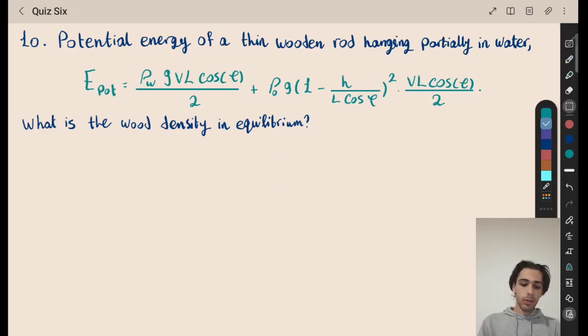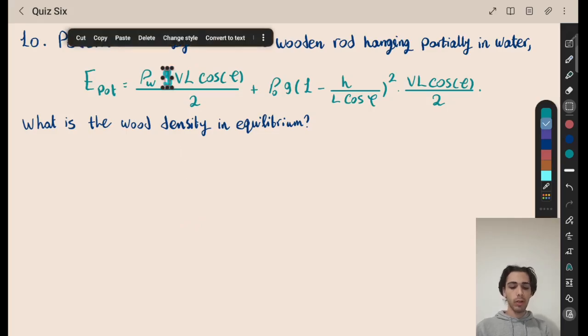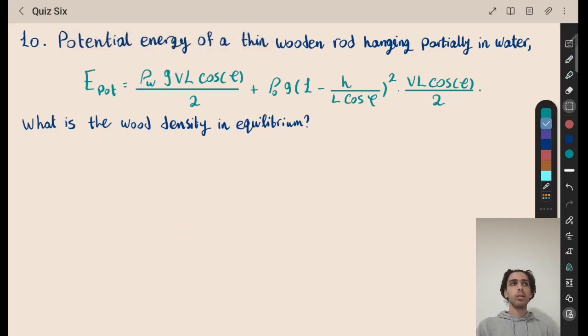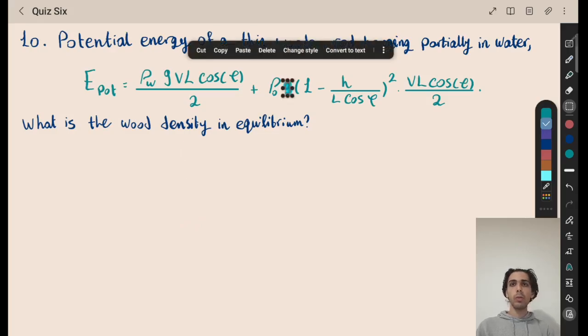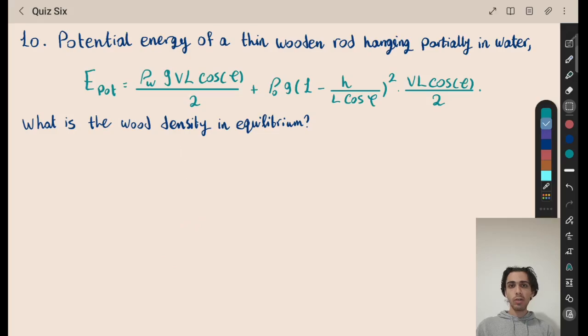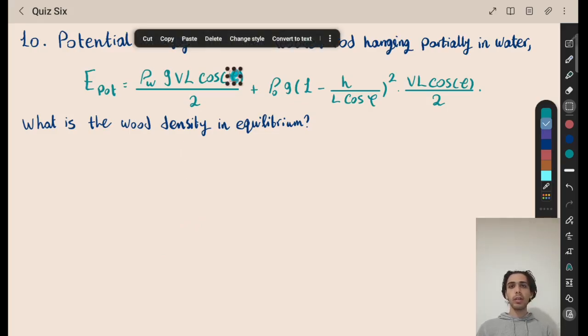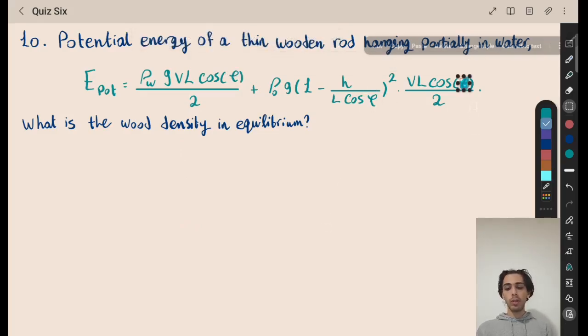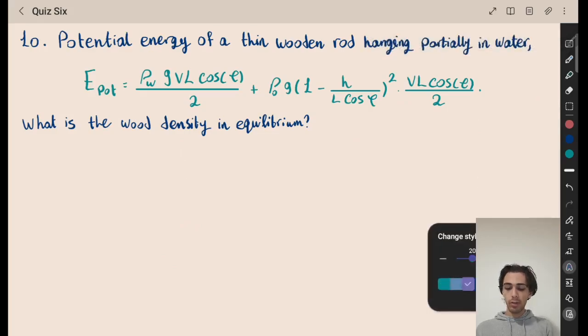And now you have the volume and length of the rod, the wooden rod we're talking about. G is your very famous 9.80 something gravitational constant. Nothing too special. H is a constant which fixes one of the rod ends, and phi is the only variable that actually changes.